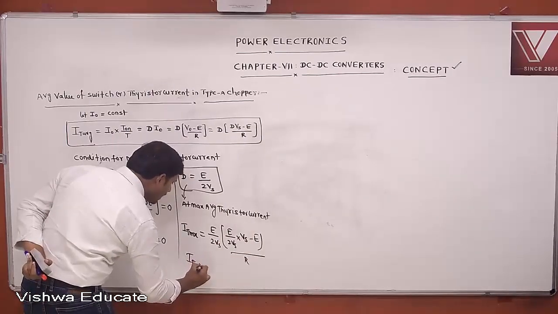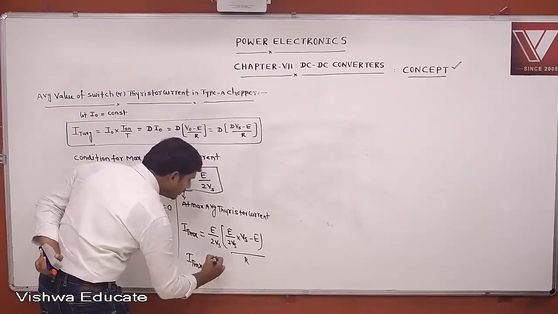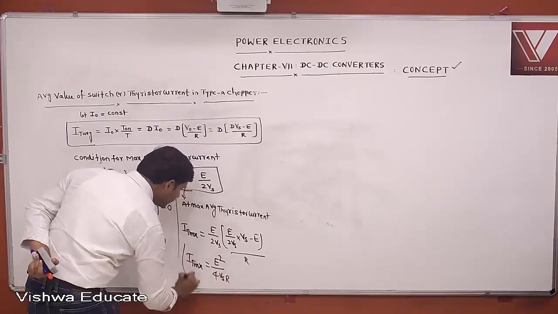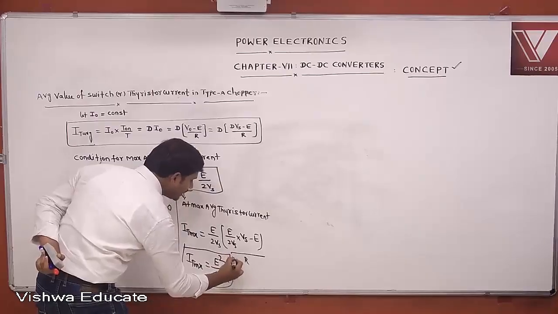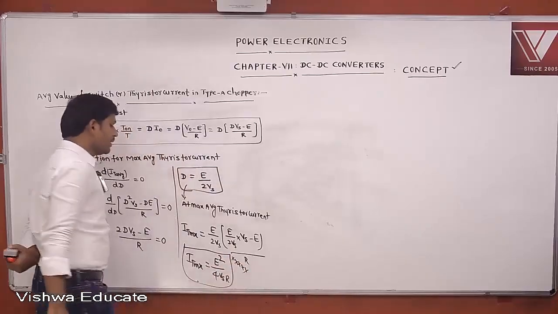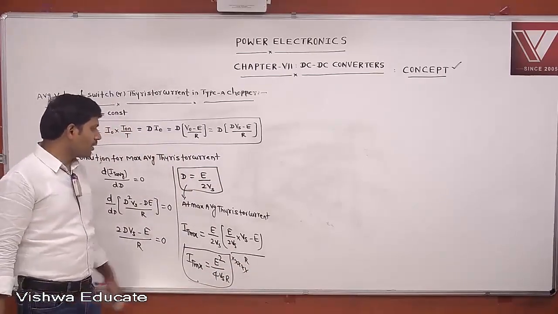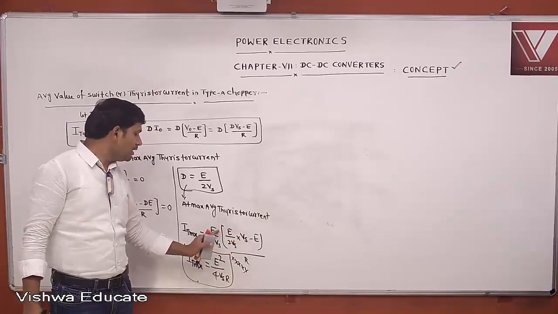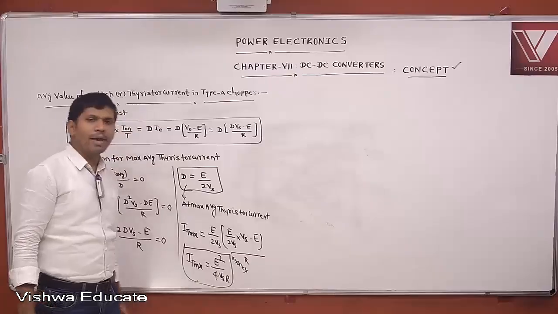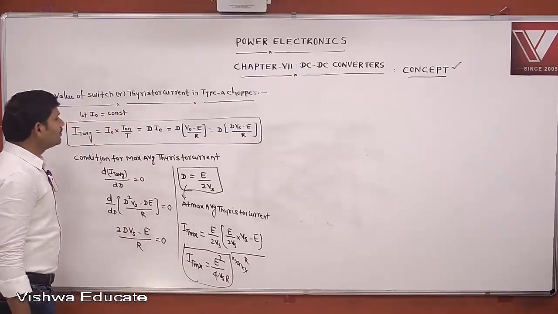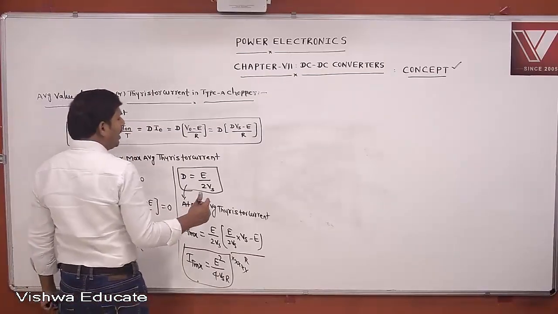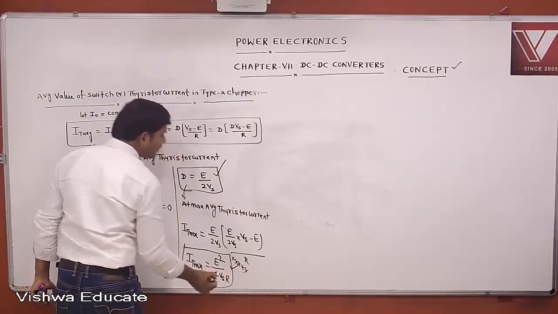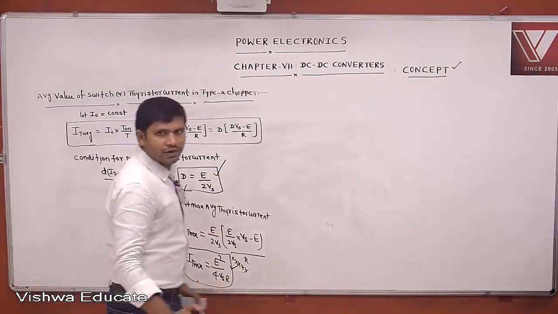Then the maximum value of average thyristor current equals E square by 4 Vs into R. This is the maximum value of average thyristor current in a type A chopper. Vs cancels, E by 2 minus E gives E by 2, so E square by 4 Vs by R is the maximum average thyristor current. That means in a type A chopper, you should remember the duty cycle at maximum average thyristor current and the value of the maximum. These two you remember. This is one concept.